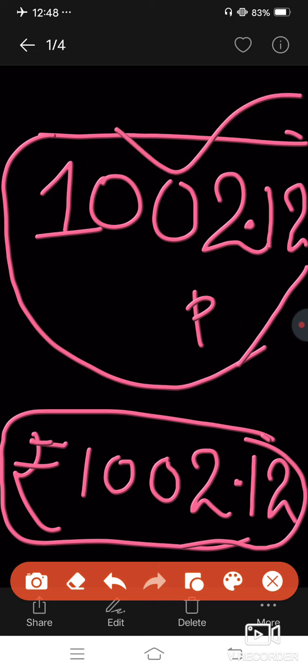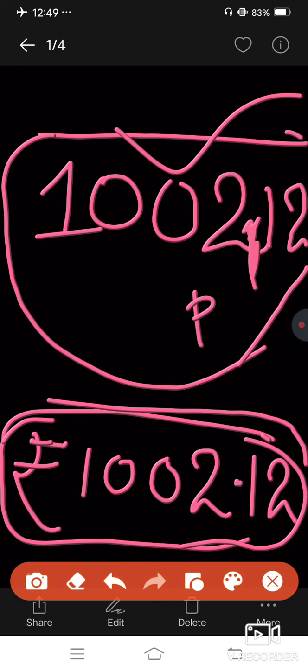This is given as paise and it is in rupees. Okay. So it becomes rupees 1002 and 12 paise. So this is the way.